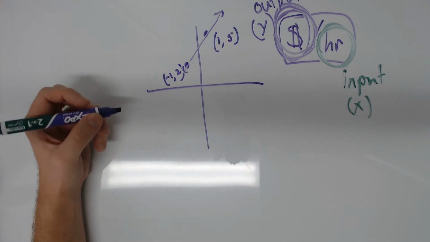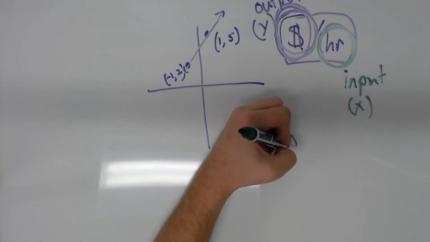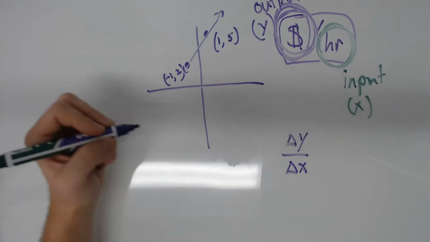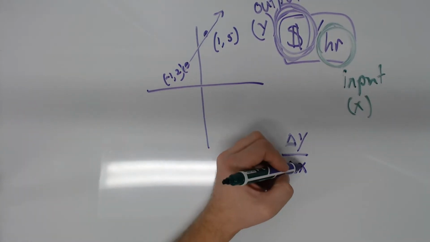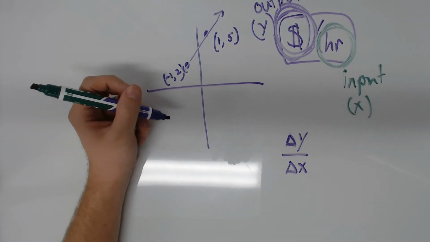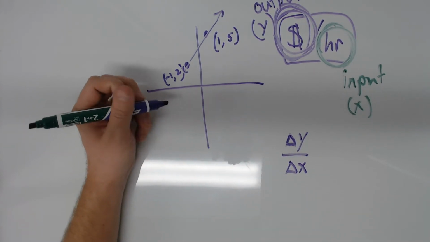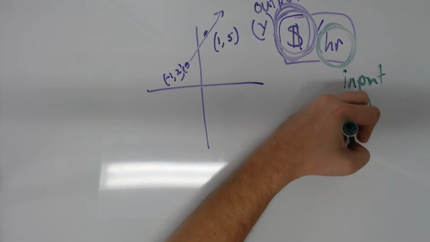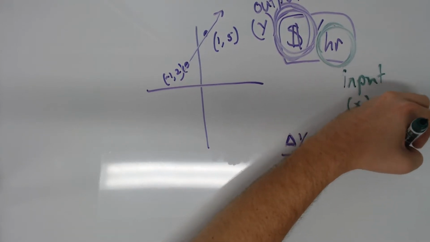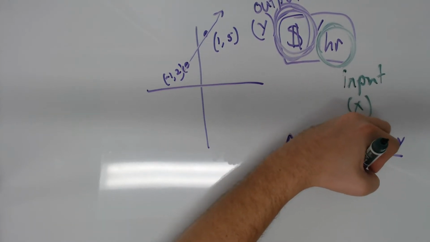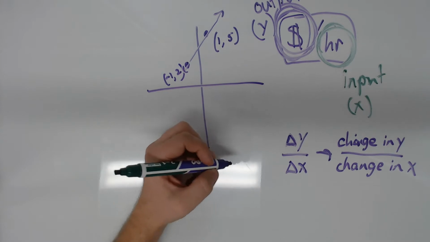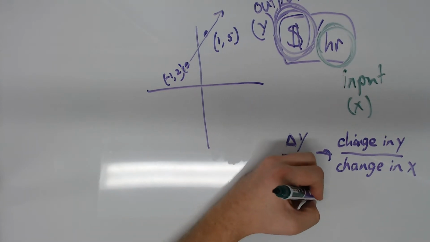All right, so what we care about is how the money changes, how the Y changes as the X changes. If I work more hours, I should make more money, but it should be a constant rate. Okay, so this means change in Y over change in X. Or what every middle school math teacher ever says, rise over run.